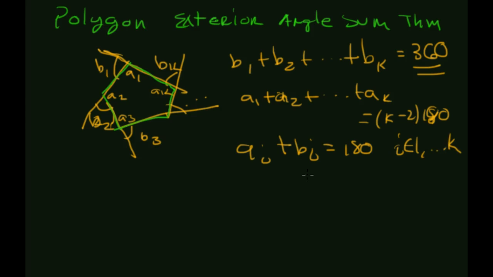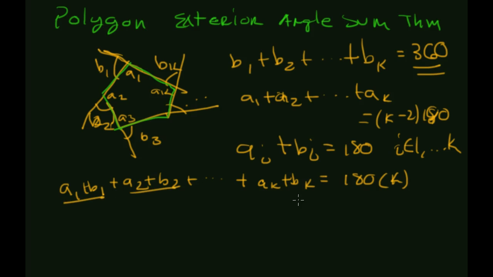All right, so let's try to figure this out. A1 plus B1 plus A2 plus B2 out to AK plus BK has to equal, well, let's see, that's going to be 180 times K, because each of these has to equal 180, and there are K of them.